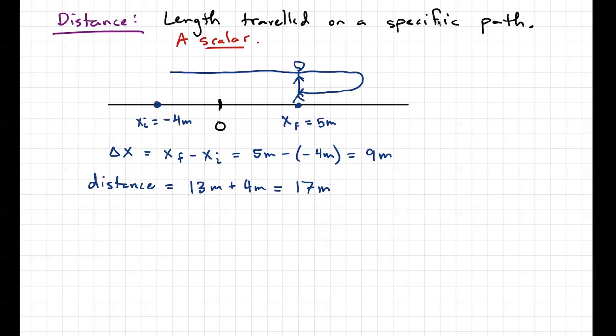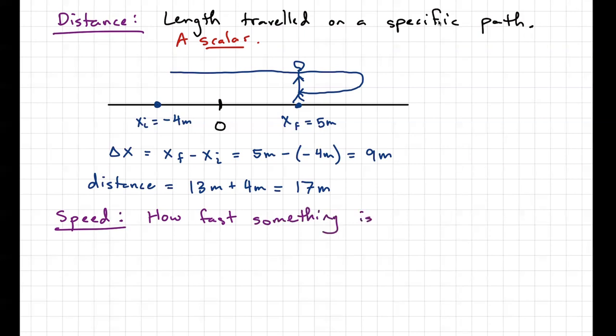Okay, so that's distance. One more thing I want to talk about is speed. So speed is how fast you're going, with no particular direction in mind. So how fast something is moving.